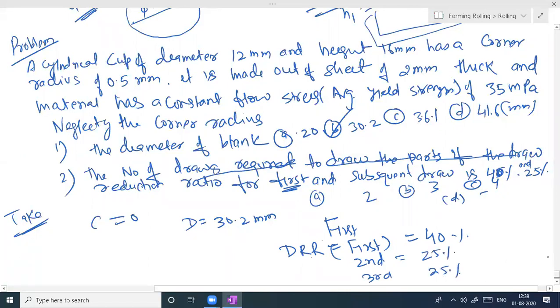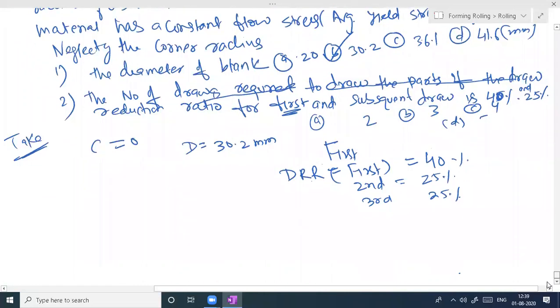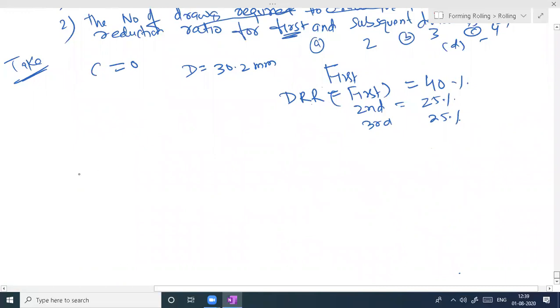It is mentioned, it is given. We have to find the number of draws.